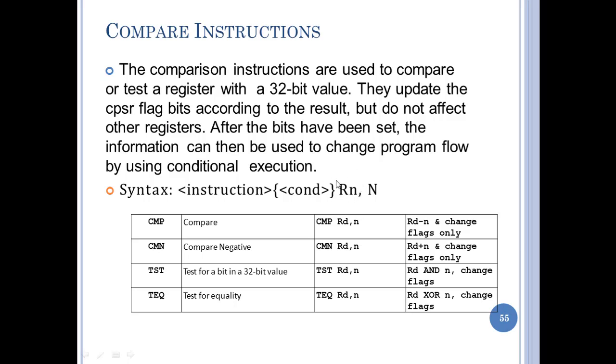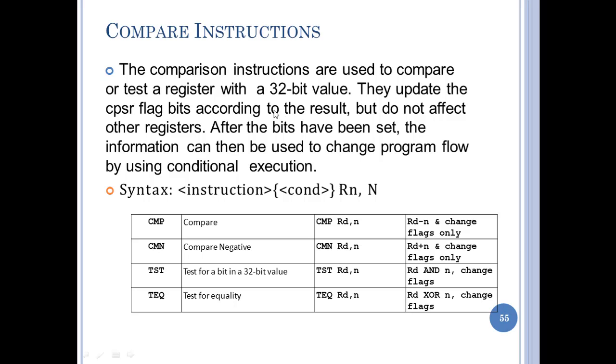Based on looking into the bits of the register, if we want to make decisions after comparing two numbers, such as a subtraction or addition, but we should not modify the source value, then we use these compare instructions.